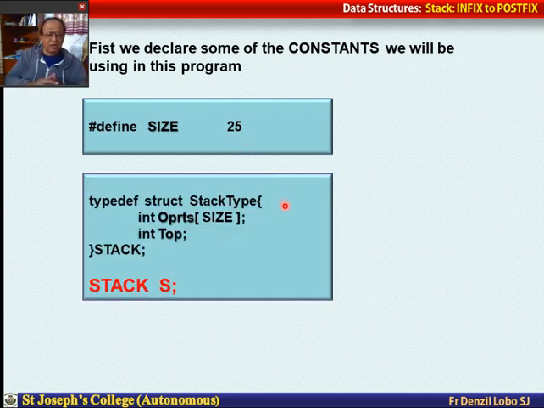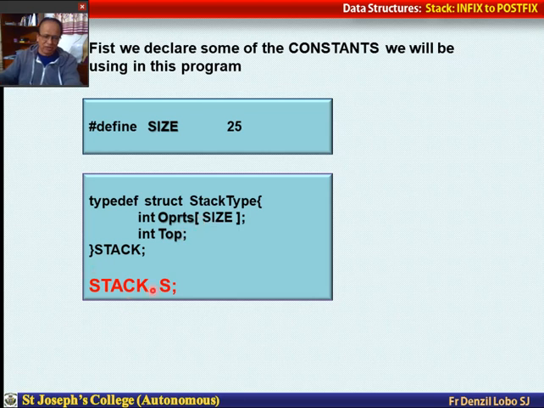Then we are creating a new data type called stack. As you see here, typedef struct stack type, and then here we have an array called operators, where we will push our operators onto the stack, and top will give us the total number of operators which are pushed onto the stack, that is needed for us to check whether the stack is full or empty.